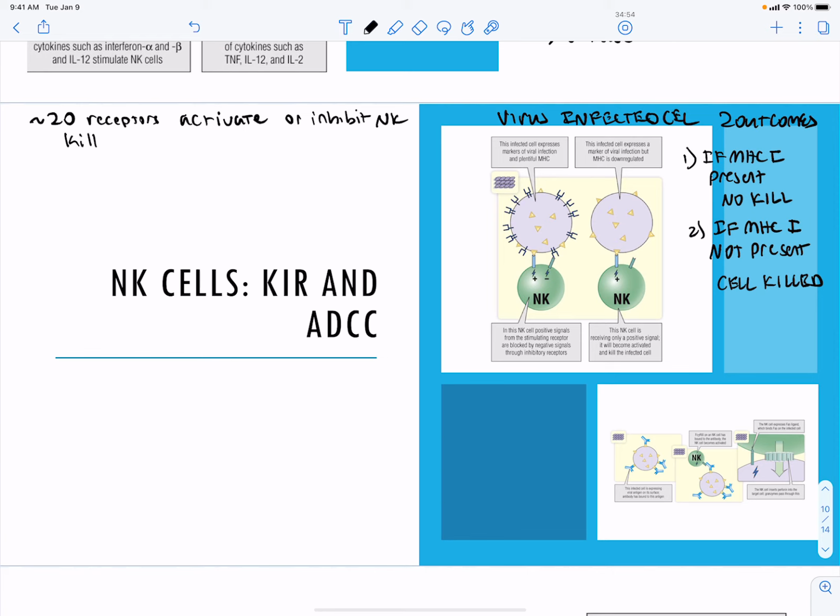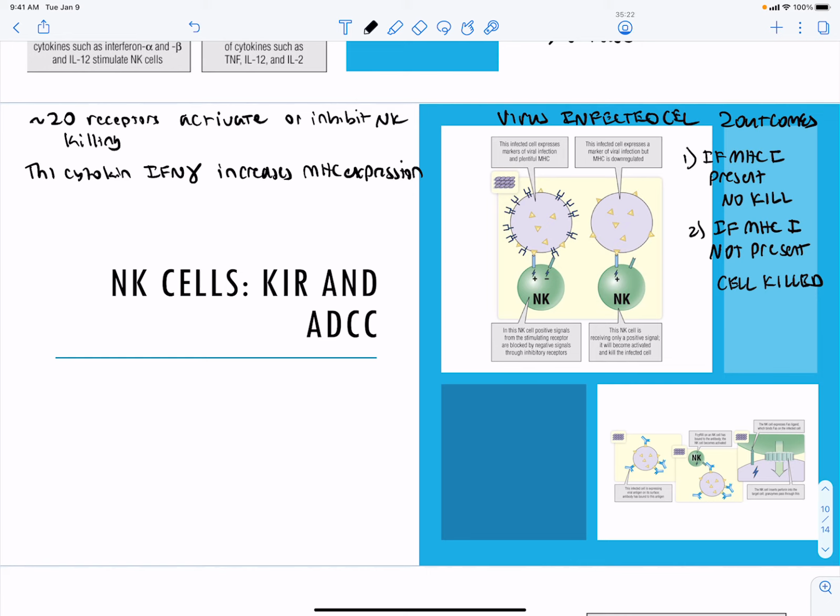Th1 cytokines, IFN gamma, increases MHC expression. And this is important because pathogens that are intracellular are going to induce a Th1 response.